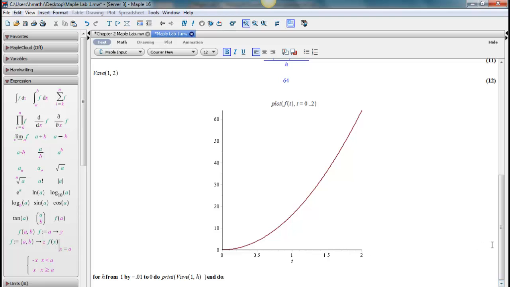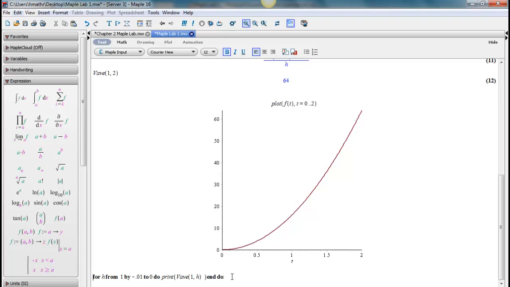Now, here is the code for Maple that I was telling you about. We can basically let h go to 0 by telling Maple: for h from 1 by negative 0.01 to 0, do print v, meaning average velocity, 1 comma h, and end do.